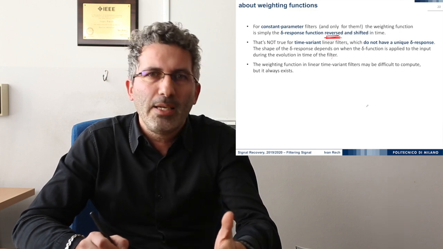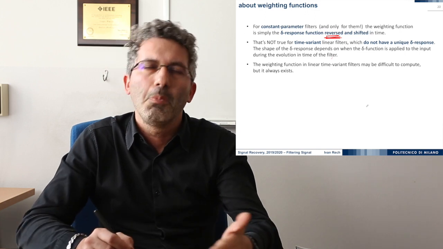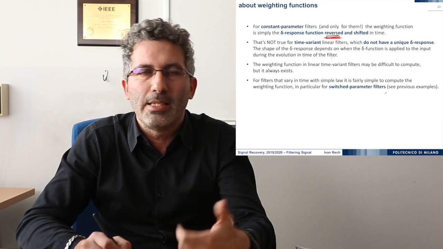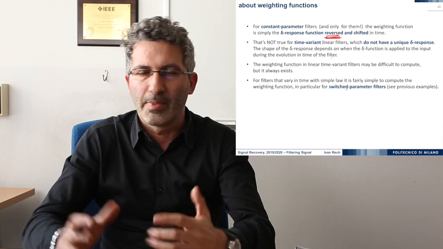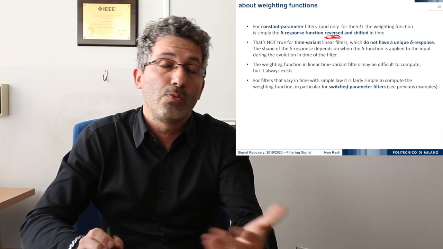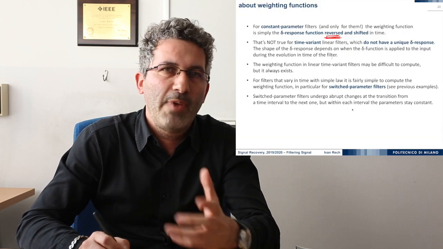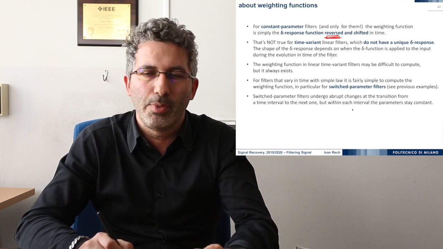For certain filters, when you have just a switch that you open and close, in that case it's much easier, and it's possible to compute the weighting function just by calculating the value for when the switch is open or when the switch is closed. But this is only a very easy and lucky example.